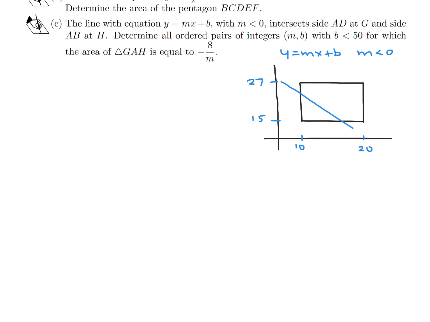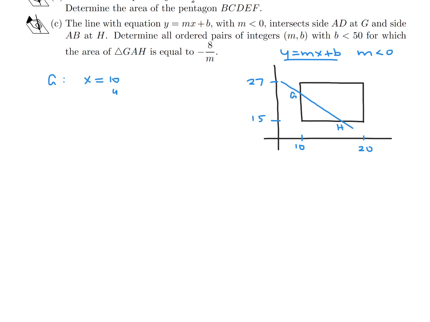Same coordinates, but now we have this y equals mx plus b. So same thing, it's G and H. This is now G, and this guy is H. So for G, that is when x is equal to 10.